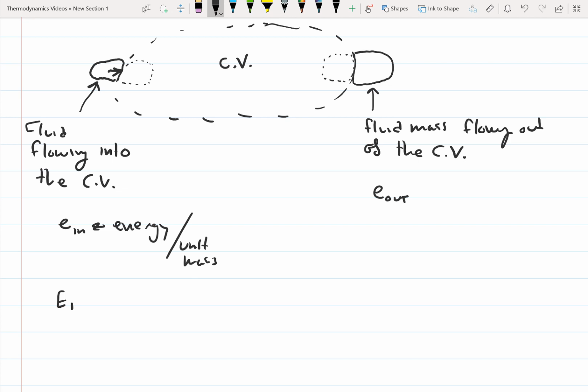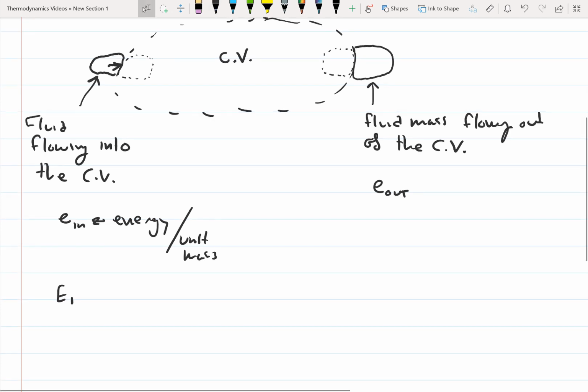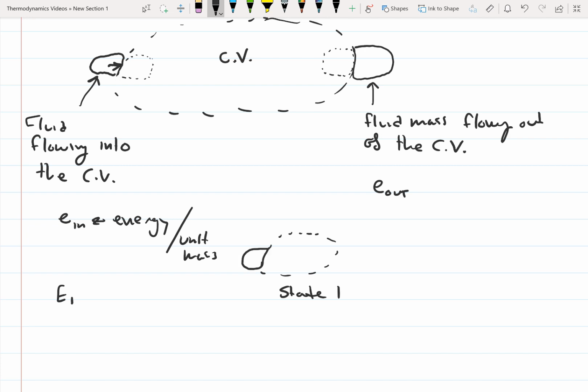So this process of the mass flowing into the control volume, flowing through the control volume, and then flowing out of the control volume is occurring with time. So we can actually draw this as, here's our control volume. So this is state 1. We have a certain amount of mass that's flowing into the control volume.